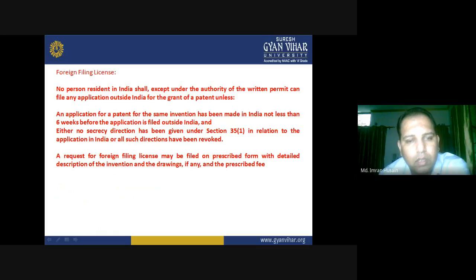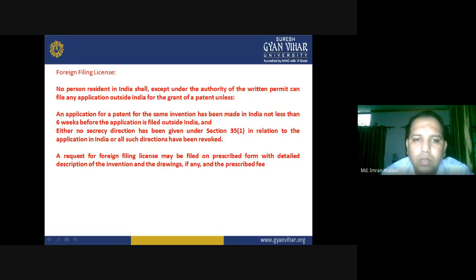Foreign filing license. No person resident in India shall, except under the authority of a written permit, file any application outside India for the grant of a patent unless an application for a patent for the same invention has been made in India not less than 6 weeks before the application is filed outside India, and either no direction has been given under Section 35(1) in relation to the application in India, or all such directions have been revoked.